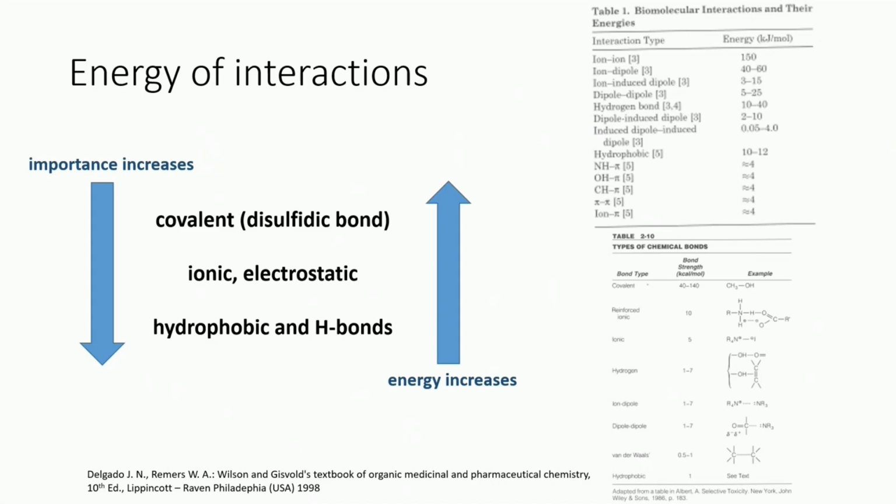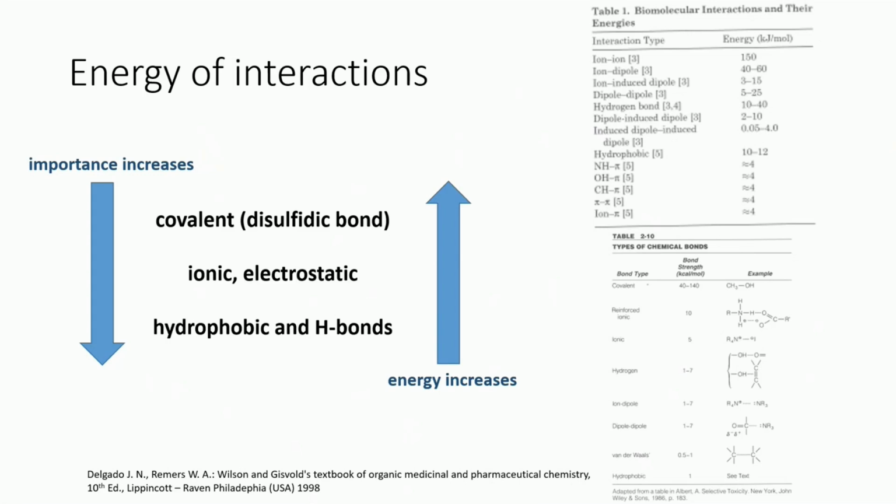So around three pieces of non-covalent interactions, up to 4, 5, or 6. The more interactions between one molecule of drug and the target, the stronger the binding to the target.